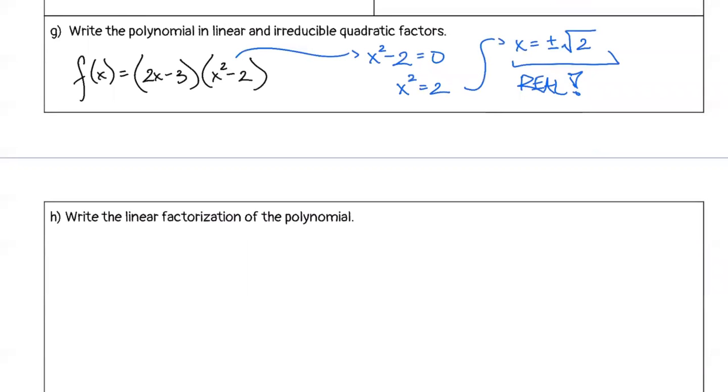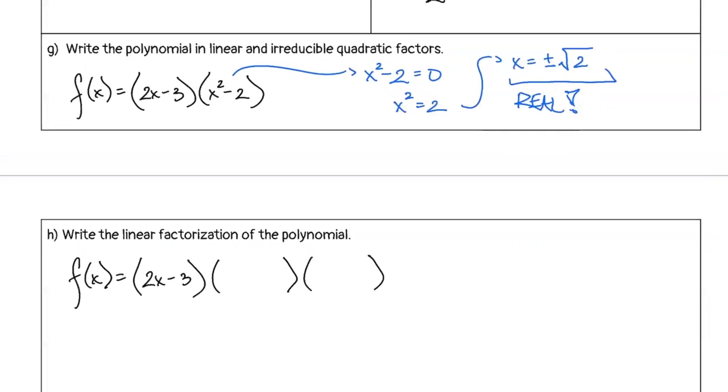is when I go to write the linear factorization, I can keep the linear factor I already had. But how can I write x squared minus 2 as a pair of linear factors? We already have sort of the answers somewhere else on the page.